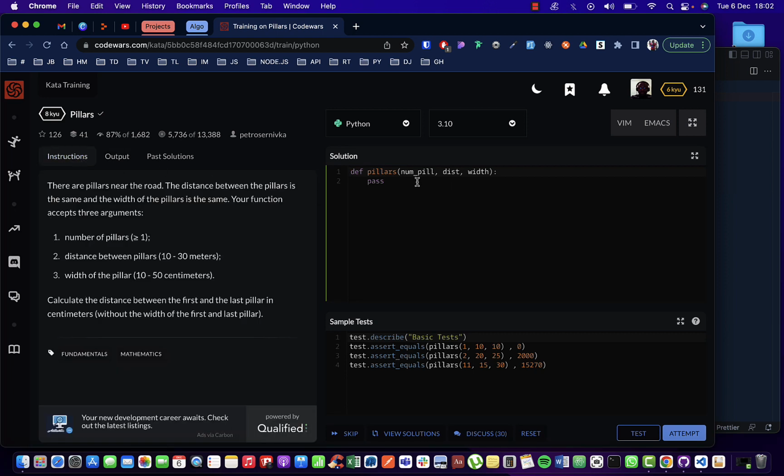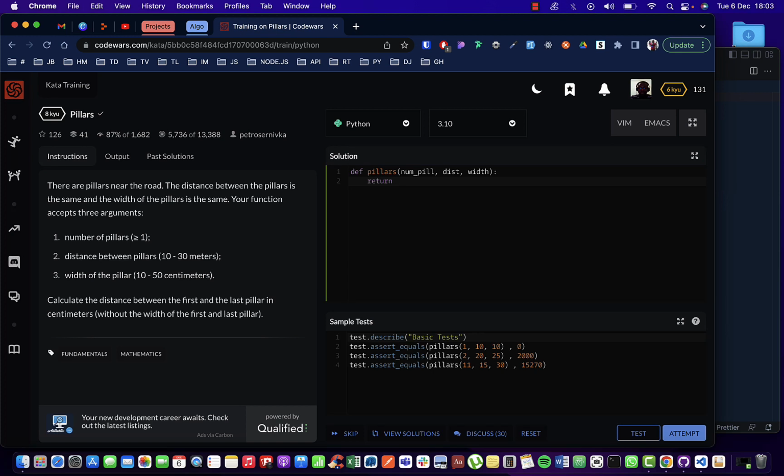So for Python, we're just going to take the same approach we took when we resolved it in JavaScript. We considered that when we have 1 pillar, definitely we will not have any distance, so we'll do the same thing. So we'll just say return.